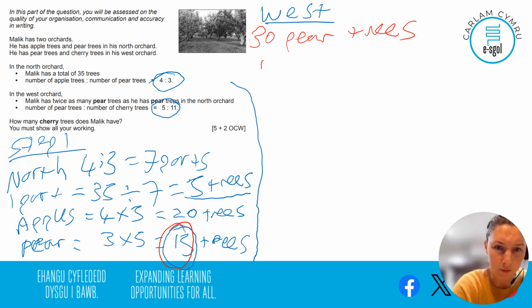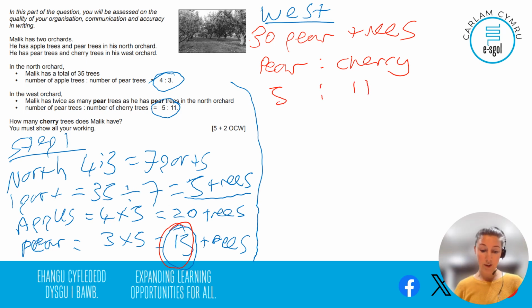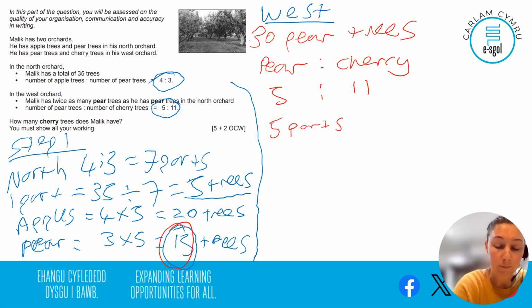So it's important here that we remember what the ratio is, and that's 5 pear trees of a ratio to 11 cherry trees in the west. Five parts of 30, because this is the total we have here. 5 parts of 30.